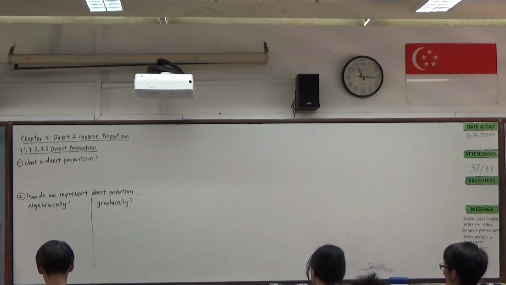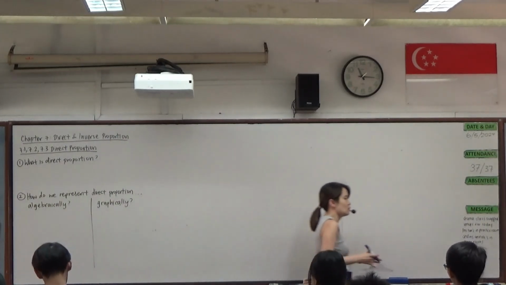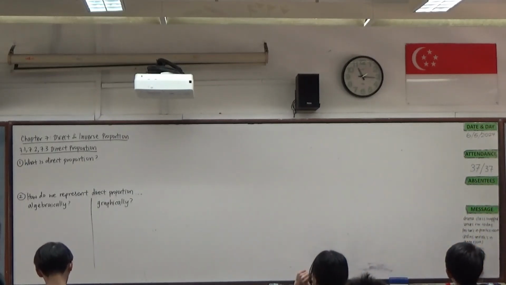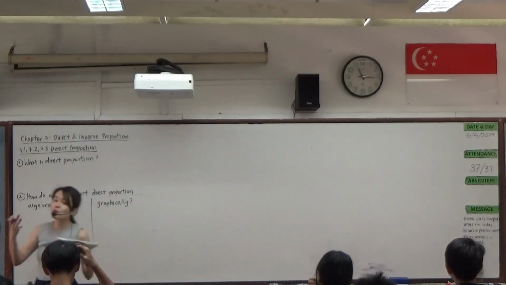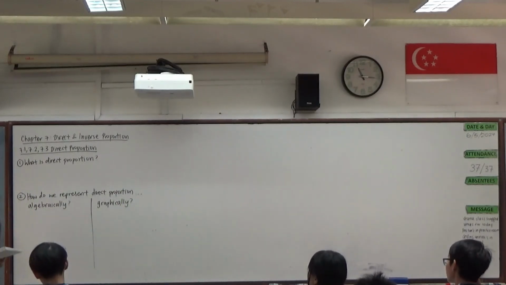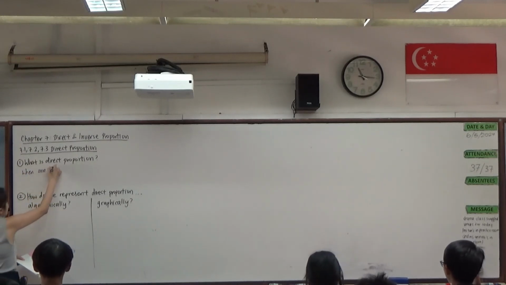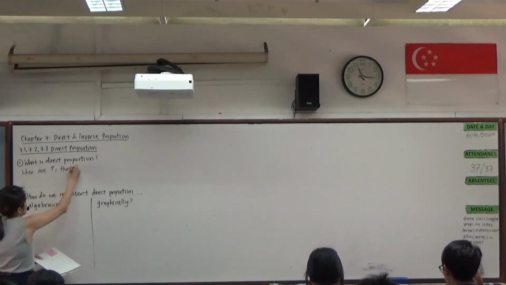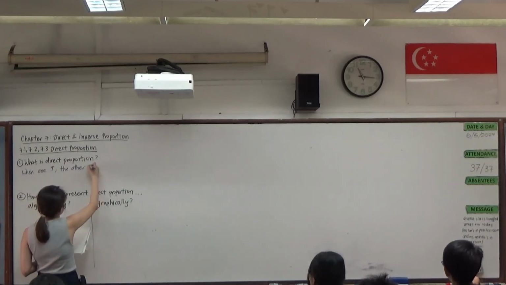Just a very quick recap about what direct proportion is. In very simple terms, we understand direct proportion as having two variables, two items to be discussed. When one thing increases, the other will also increase by the same amount.